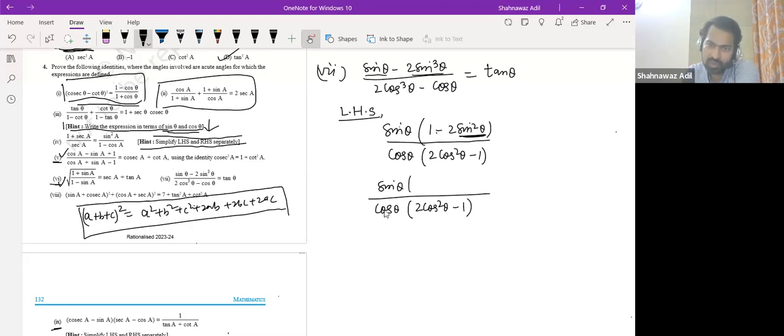Remember in the denominator, we have cos square theta. We have to replace this sine square theta with a function of cos. So how do we write sine square theta in terms of cos?